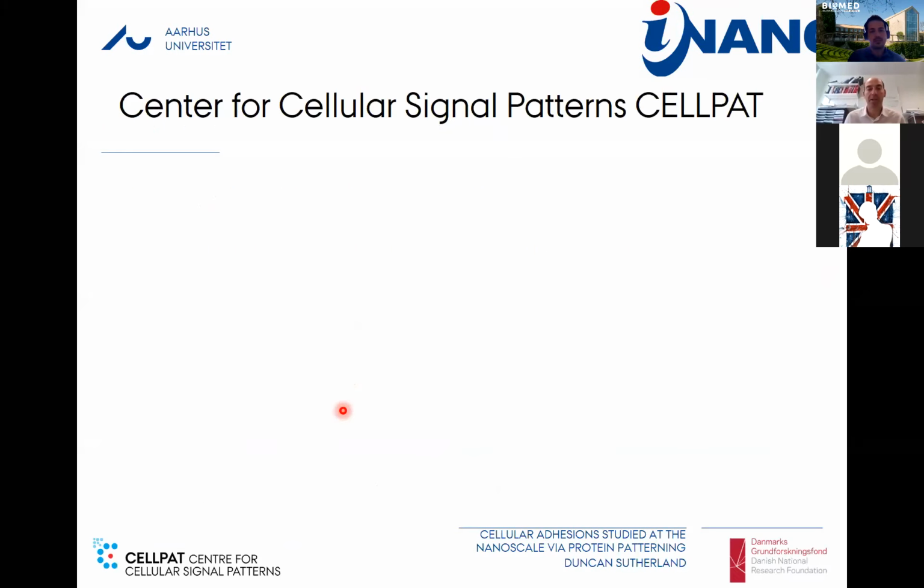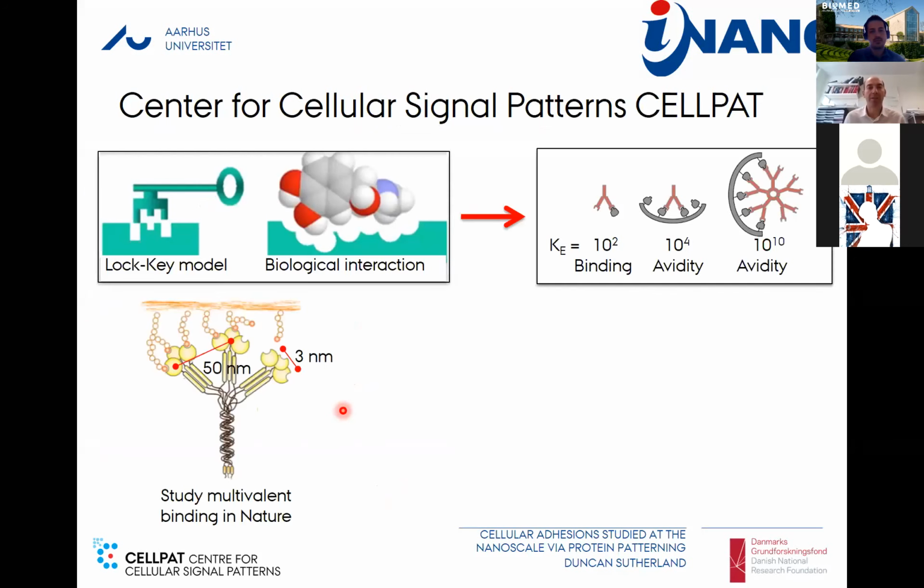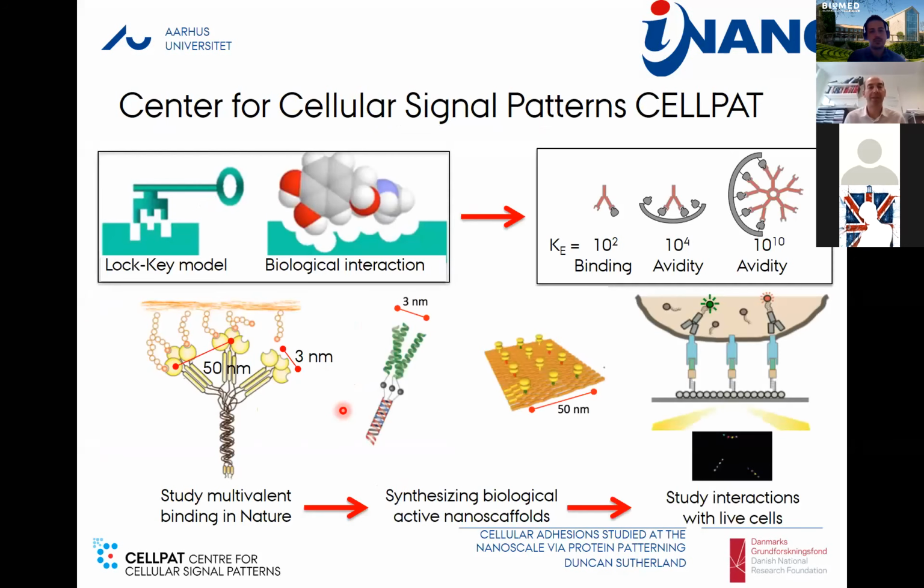And so that's the current center that we have, this CellPat, Center for Cellular Signal Patterns, where we are using DNA origami, which can control placement of proteins on the scale of perhaps 4 nanometers up to 10 nanometers. And the idea will be to integrate this nanoscale patterning in order to have control of where the ligands for cell binding are. And so one of the central things in this project is to look at multivalency effects and avidity.